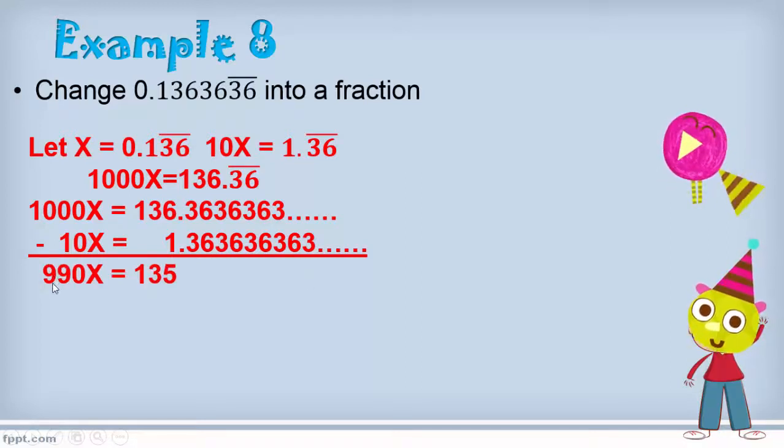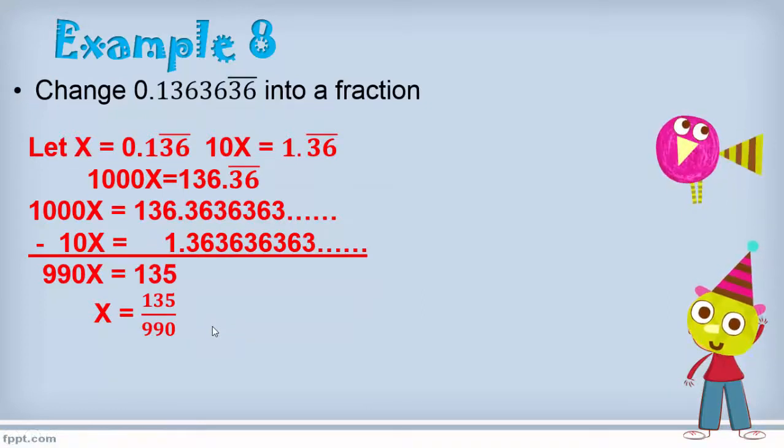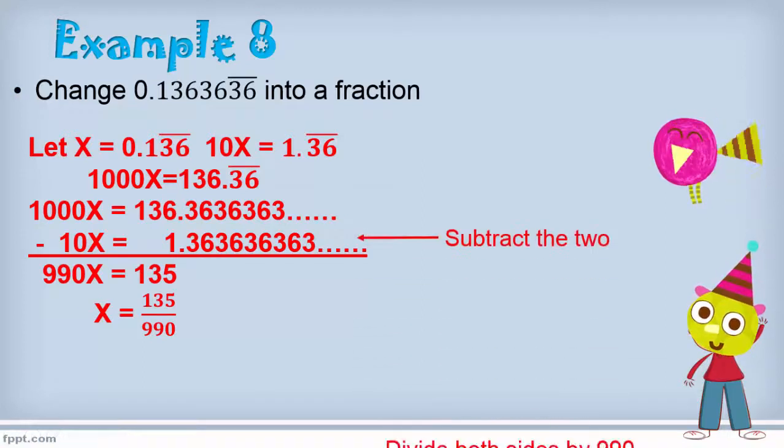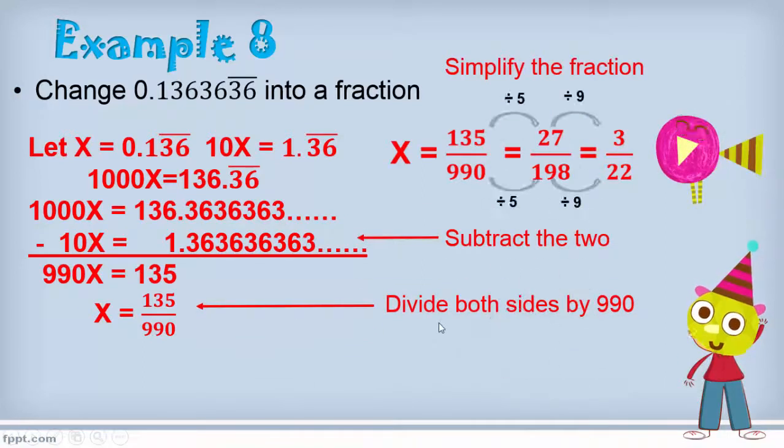And we ended up with 990x is equal to 135. And of course we divided, x is equal to 135 over 990. And then we simplified, and when I simplified, I got 3 over 22.